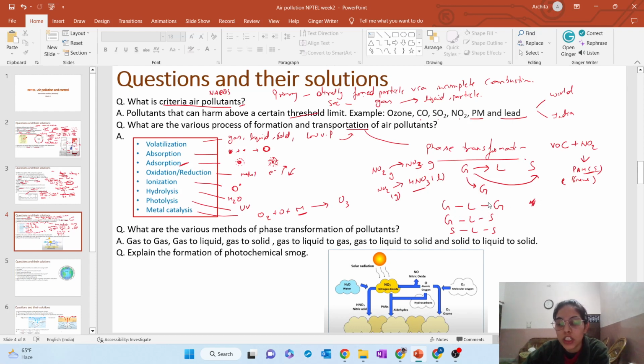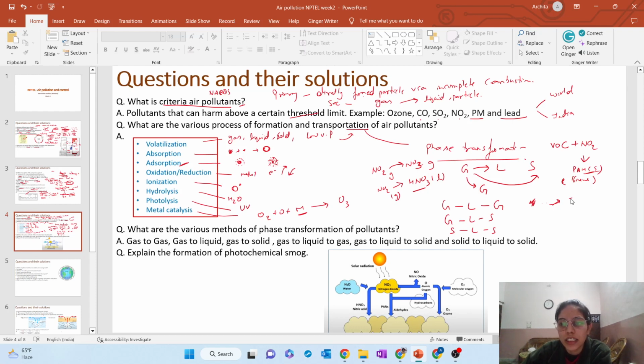If it has a high vapor pressure, it becomes condensed due to its vapor pressure, and then again the vapor pressure changes and this gas again converts back into gas.